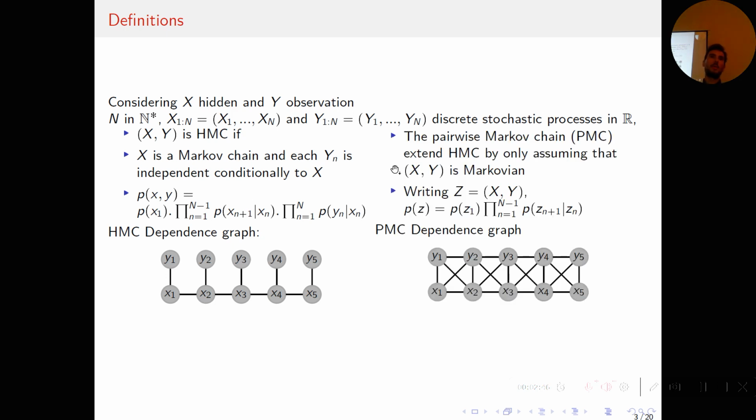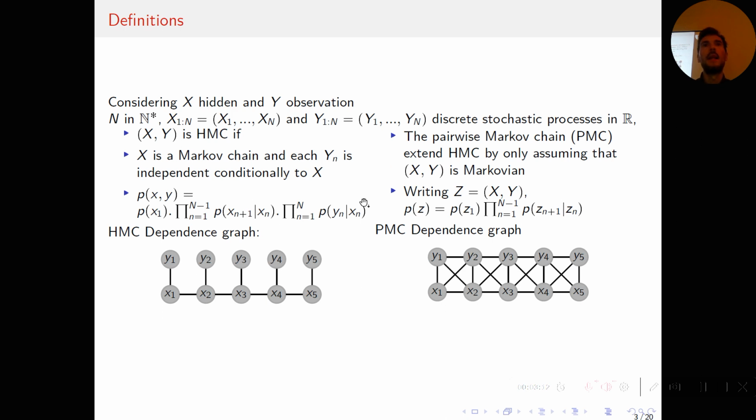In our work, we use an extension of HMC, the so-called PMC model. PMC, pairwise Markov chain, extends HMC by only assuming that the couple is Markovian. So not necessarily X, but the couple XY is Markovian.